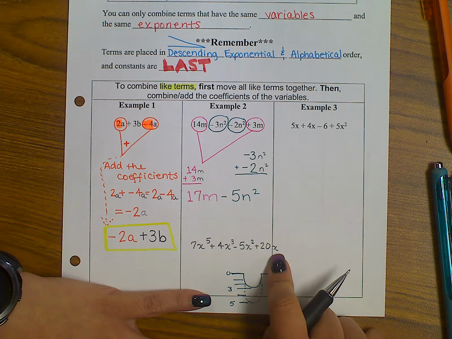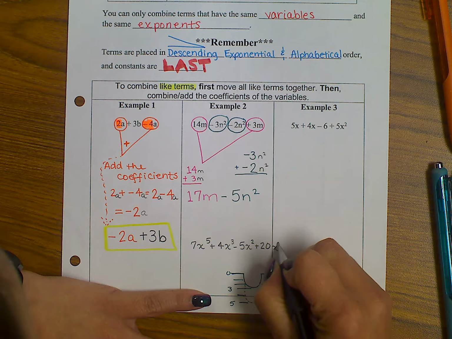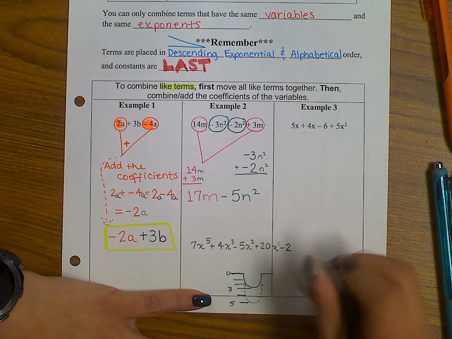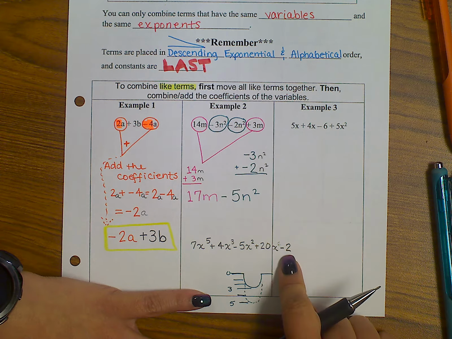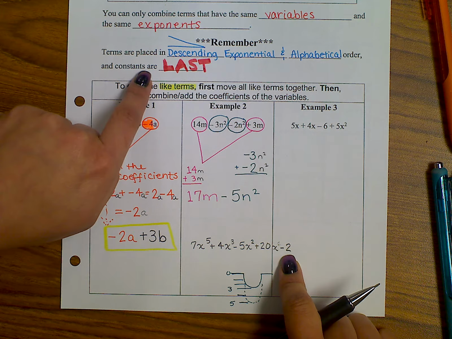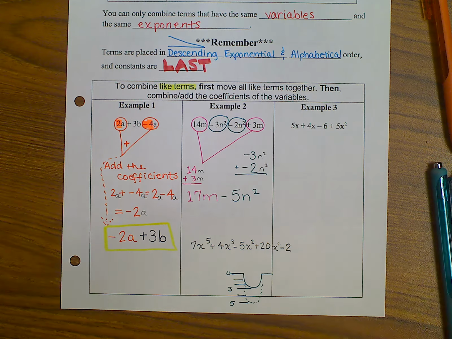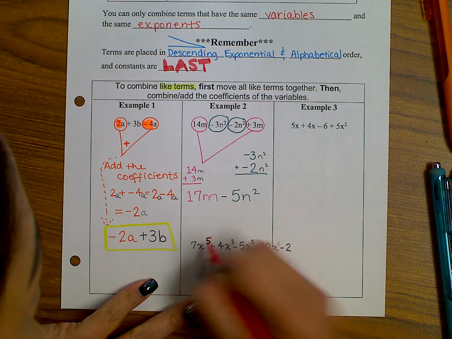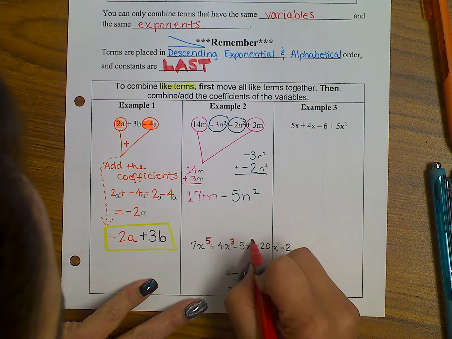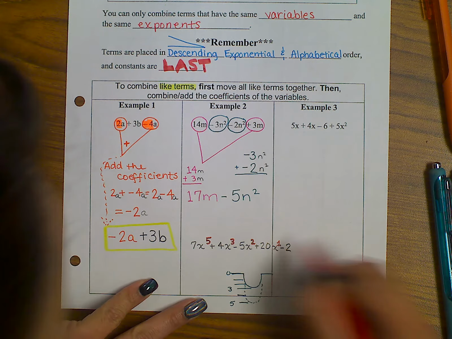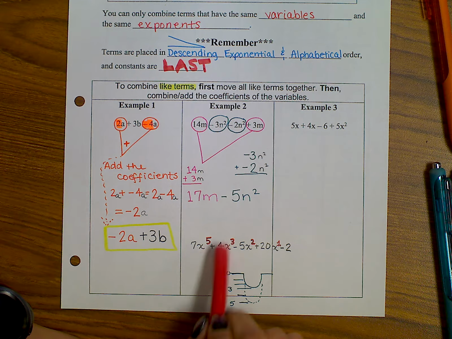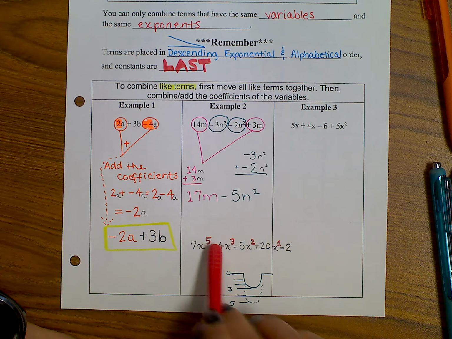Now, if it's just a regular x, technically that's being raised to the power of 1. And why not? Minus 2. All right, because remember, we said our constants are always last. All right, so looking at just the exponents here, I have 5, 3, 2, 1. So in this case, I don't have a power of the 4th power, but nonetheless, they are getting smaller. Just like you guys said, from greatest to least.